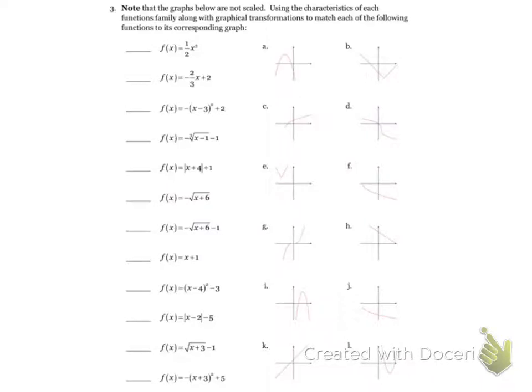Okay, so this matching one is a great exercise. We are going to go through and narrow down a couple things. So the first one says 1/2 x to the third. All my possibilities of a cubic function are G and just G. So that is going to be my answer for the first one.